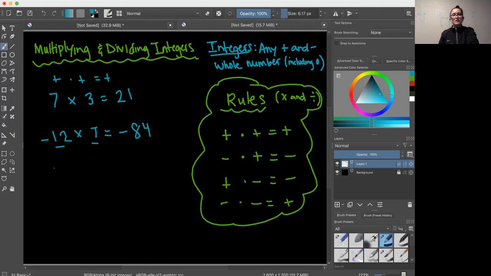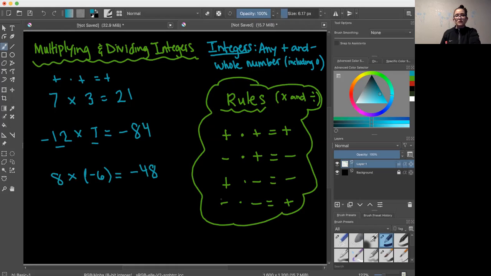Okay. So now let's do this third rule. So I have a positive times a negative. If I had a positive 8 times a negative 6, I know a positive and a negative is going to get me a negative. So that's going to be 48.